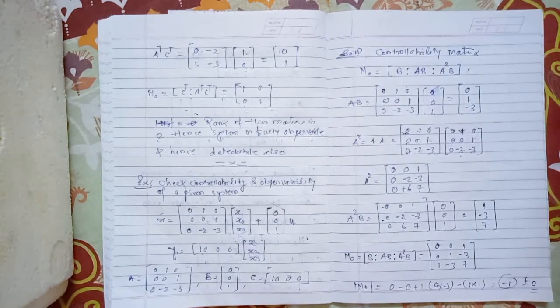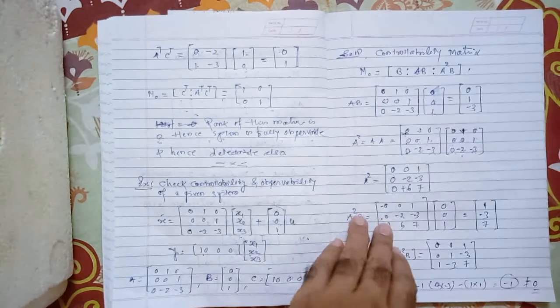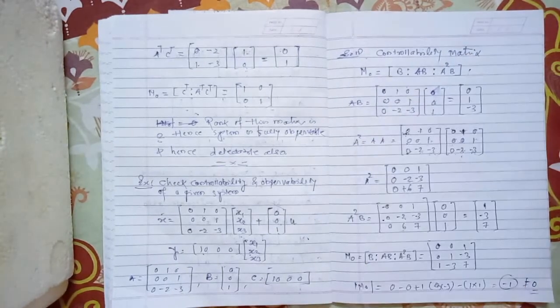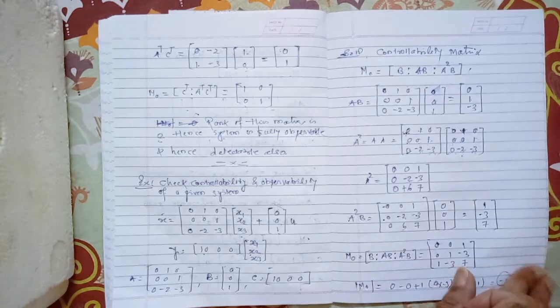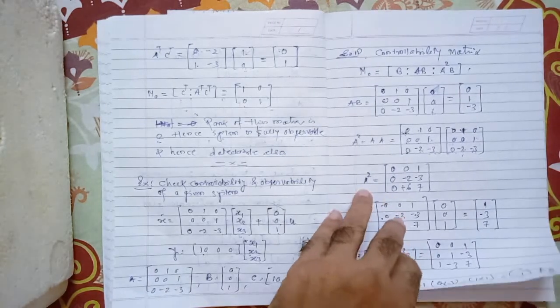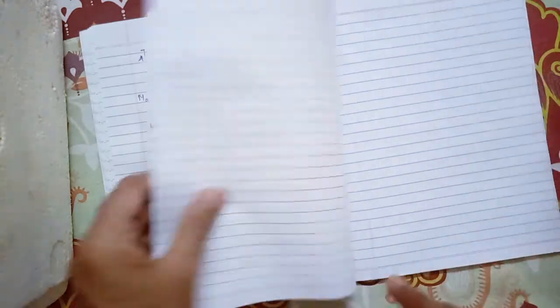So my system is controllable. Here it is coming minus 1, so my system is controllable and hence it is stabilizable.